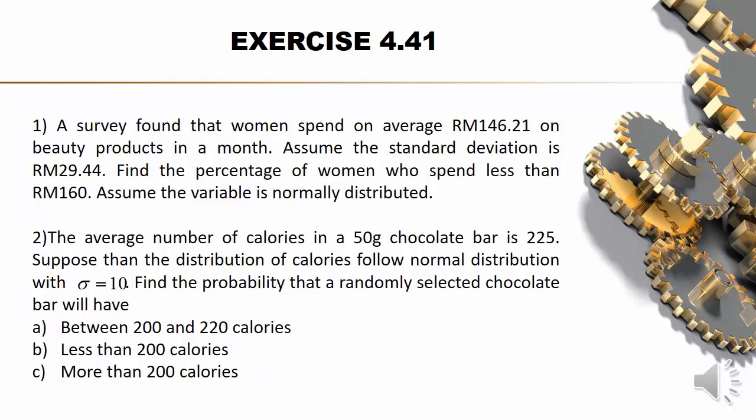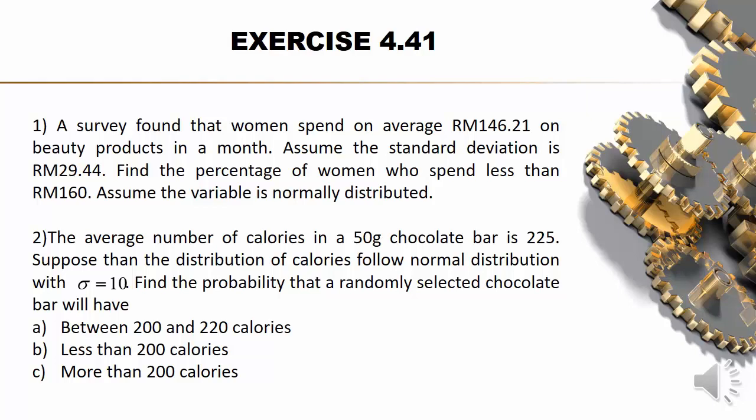Assume the variable is normally distributed. So from number 1 here, we know that average, so the mu is equals to 146.21. And then standard deviation sigma is 29.44. The question asks to find percentage of women who spend less than 160.